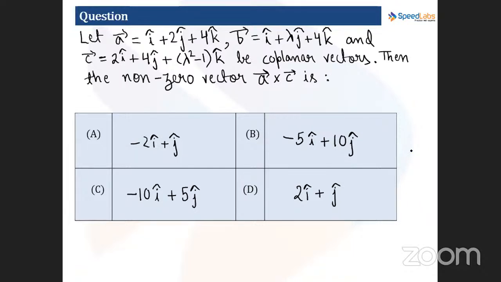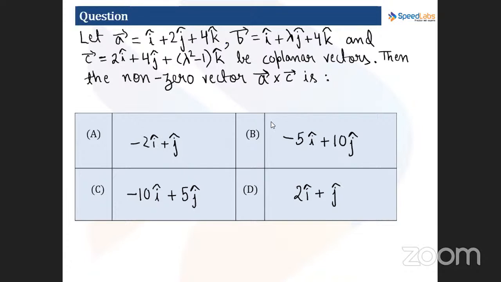This is the first question for today. No problem, Yash. Kritika, check it once again.